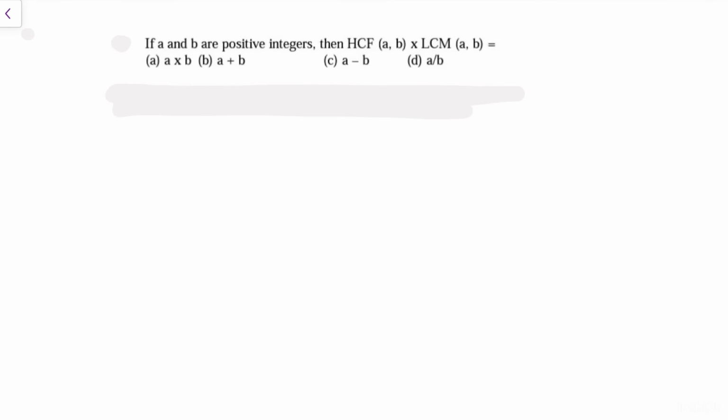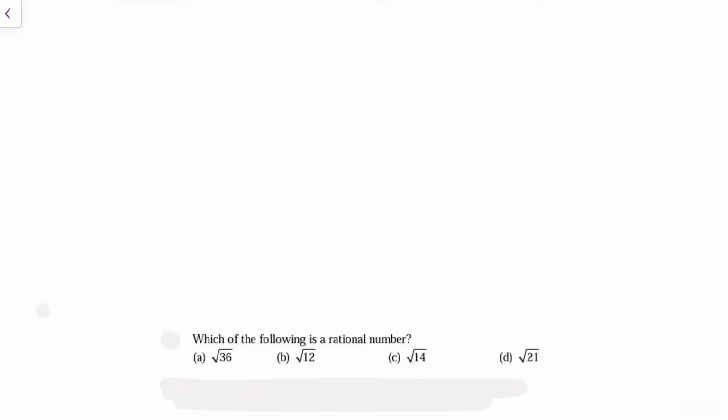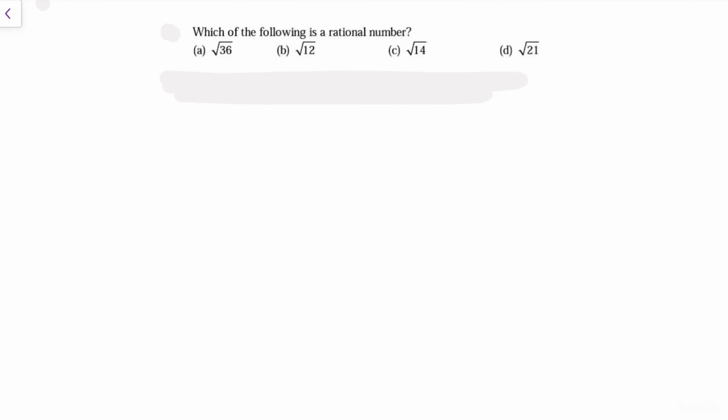If A and B are positive integers, then HCF into LCM is equal to, this is a simple formula as usual. I can say HCF into LCM is equal to the product of the two numbers. So in this case the numbers are given as A and B, so the product of those numbers, that is A into B, is the answer. HCF into LCM is equal to A into B. Already based on this we solved problems also, so we can say perfectly now.